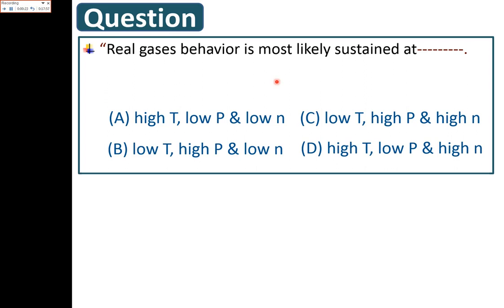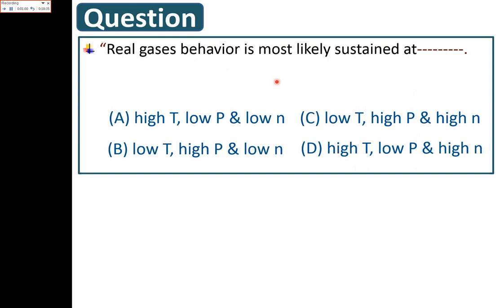As you remember, we stated in the chapter of gases that the ideal behavior is sustained at low pressure and high temperature. Also it is sustained at low number of moles, because as the concentration increases, the deviation from the ideal behavior increases as well.